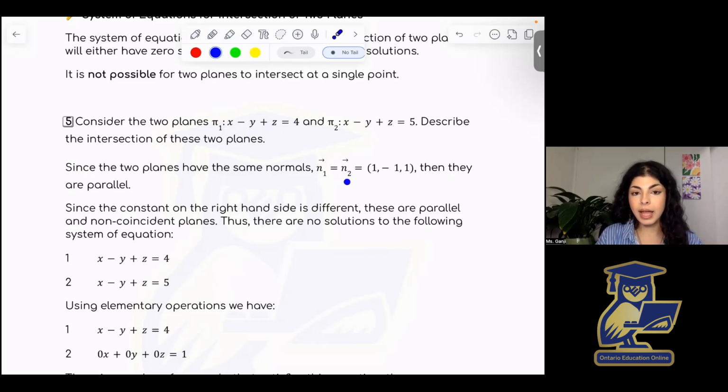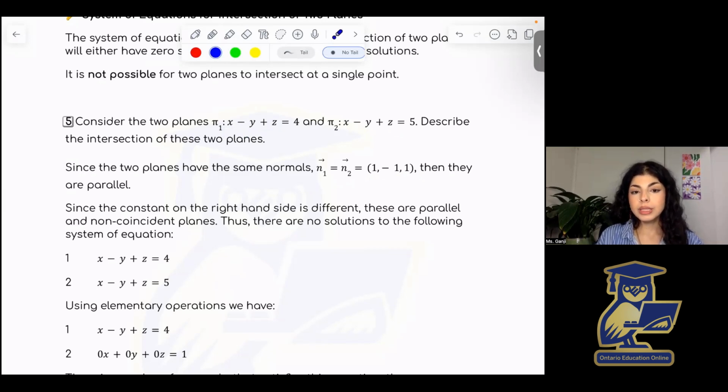That's exactly it: n1 is equal to n2, and they are both equal to 1, -1, 1. So they are parallel. So now we have either case 2 or case 3. Either these two are parallel and never intersect, or they are coincident planes.